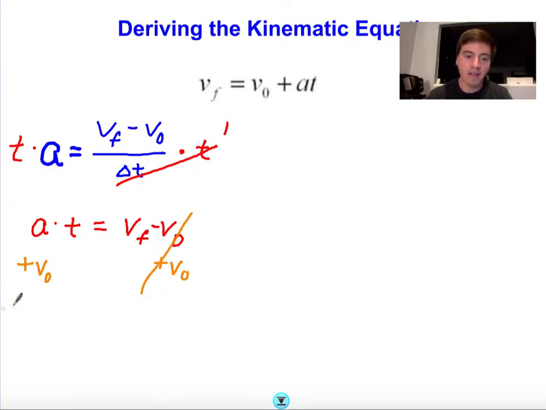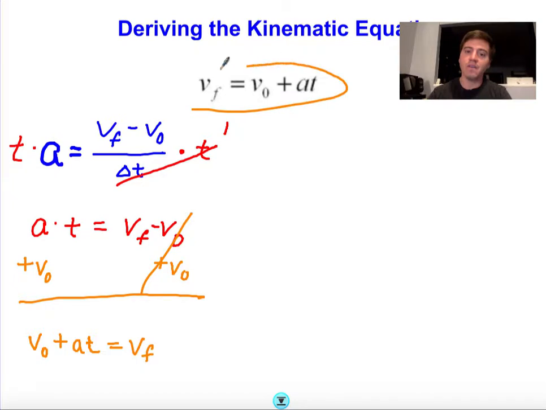When these cancel out because they equal 0, I get that the initial velocity plus the acceleration times the time equals my final velocity, which is the equation. Start with what we know about acceleration here. We can just morph it around and get to this equation.